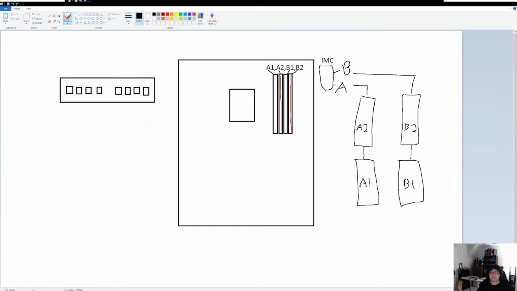So that basically means that you have more pseudo channels of memory per DIMM, because this is still considered a single rank DIMM, but it's like two banks of memory per rank.